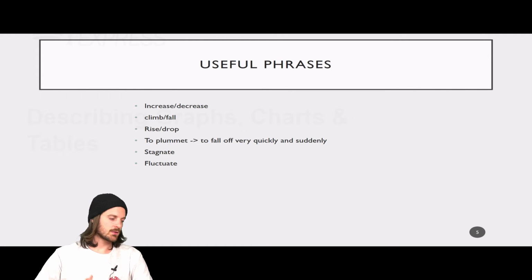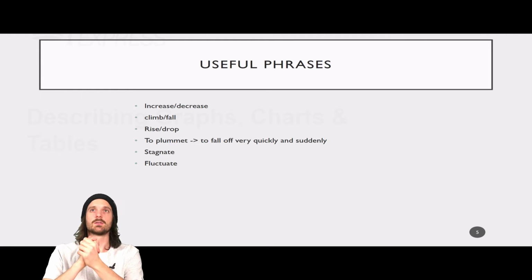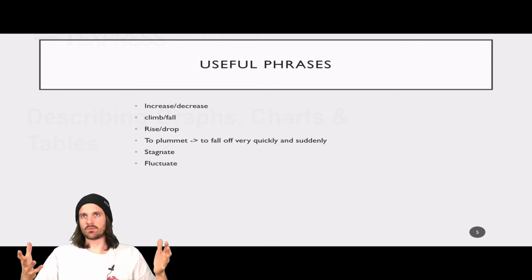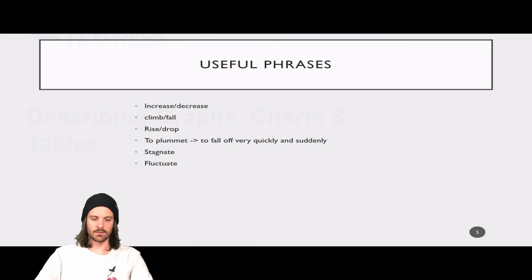So you have increase and of course the opposite decrease, just climb and fall, rise and drop. Stronger word is plummet, which we gonna use on the next few slides. Stagnate, so it's the same as in German, just of course pronounced differently. And fluctuate, it's also a word used in German, I think.